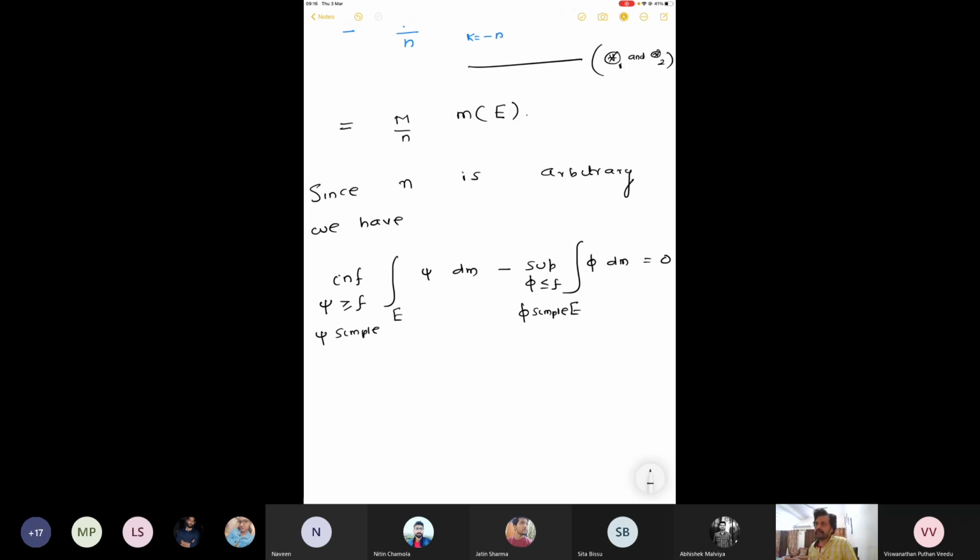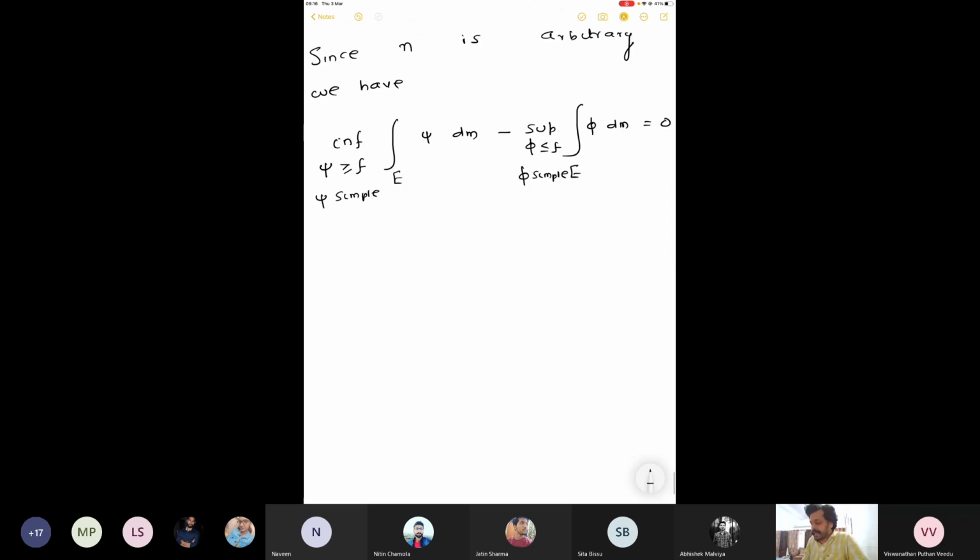Okay, what does it mean? The upper Lebesgue integral minus the lower Lebesgue integral is 0. And that implies the upper Lebesgue integral of f dm is equal to the lower Lebesgue integral of f dm. That implies f is Lebesgue integrable.